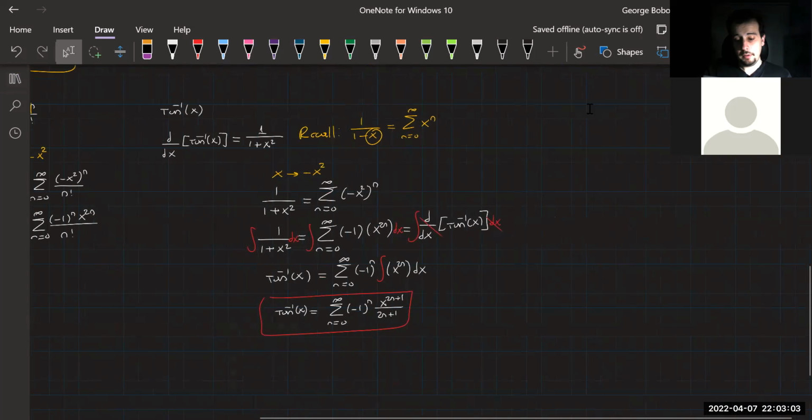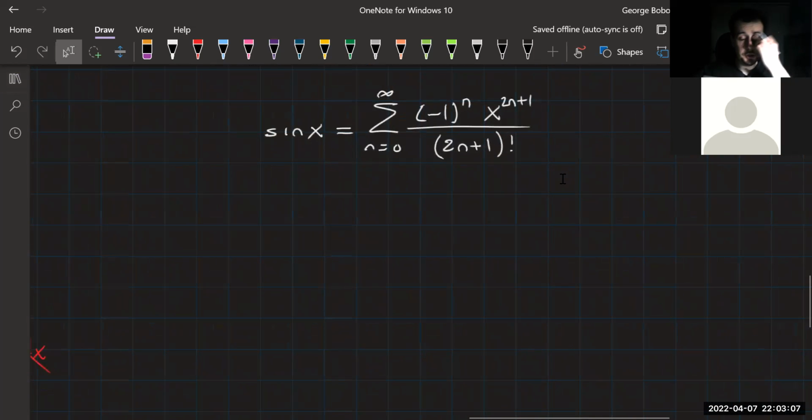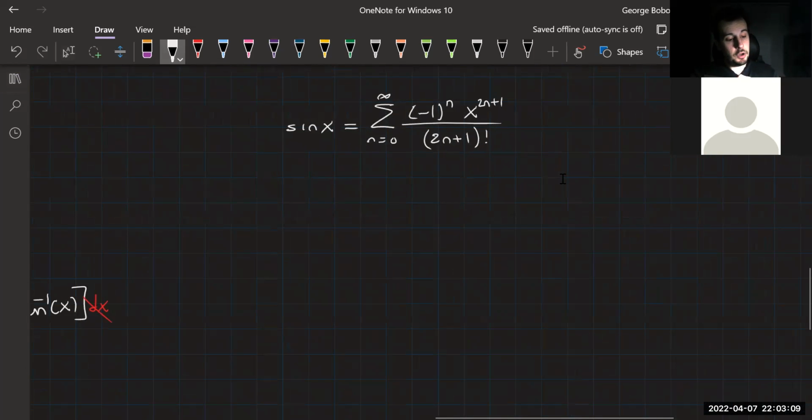You can use this definition, because this is predetermined, and someone's going to say, oh, what is then the power series of cosine? And you go, wait a minute, cosine. Isn't cosine like the derivative here of sine? Isn't that true? Yes or no?